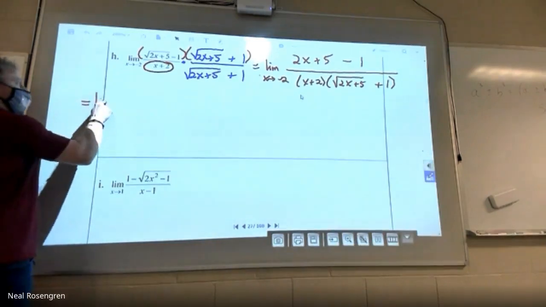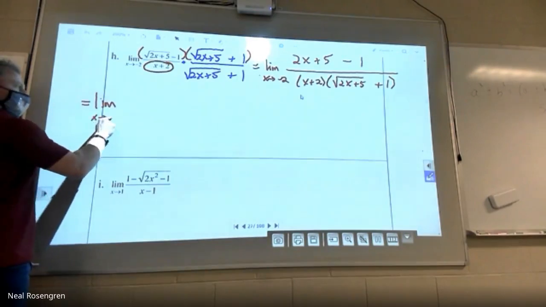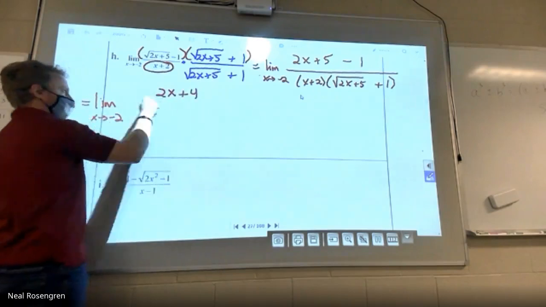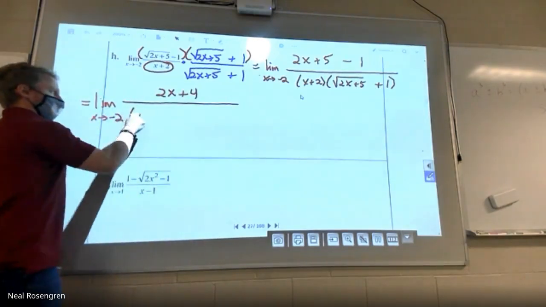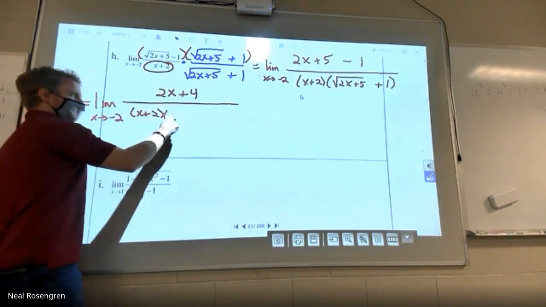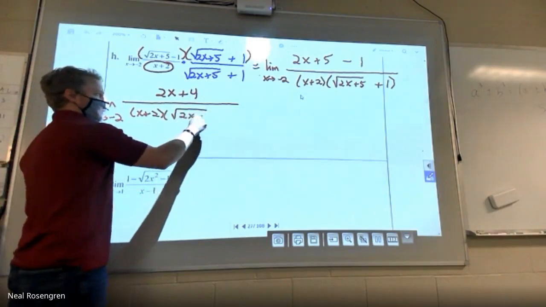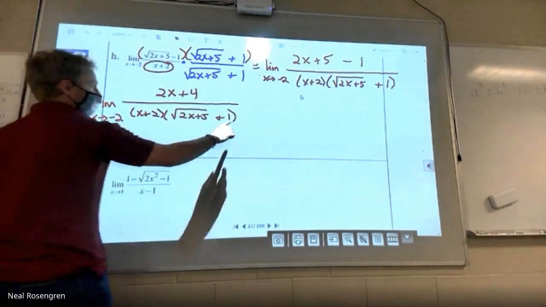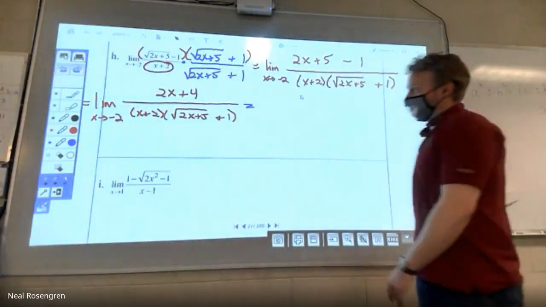Not a whole lot I can do just yet. It's going to be a little frustrating to not make too much progress from one step to the other, but that's okay. We've got to take our time to make sure we're doing it right. That's an equal sign.